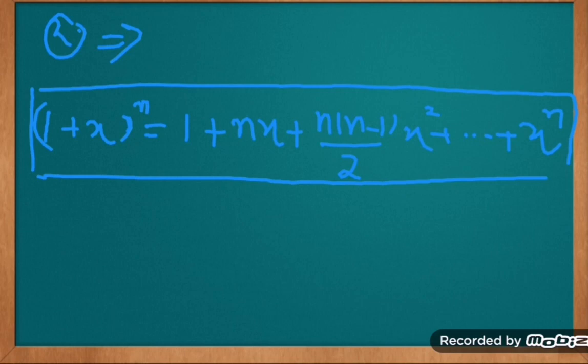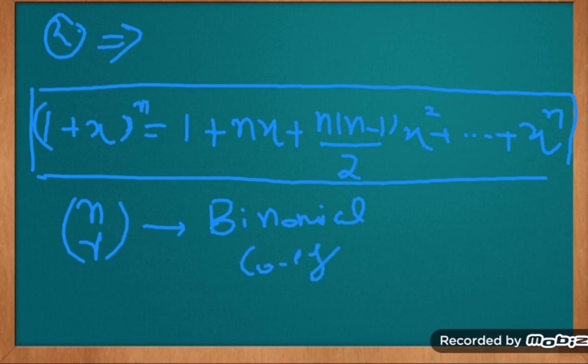Here nCr is called the binomial coefficient. It's called the binomial coefficient.